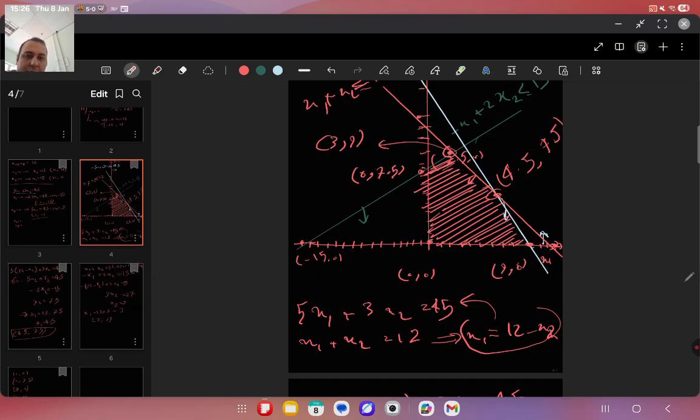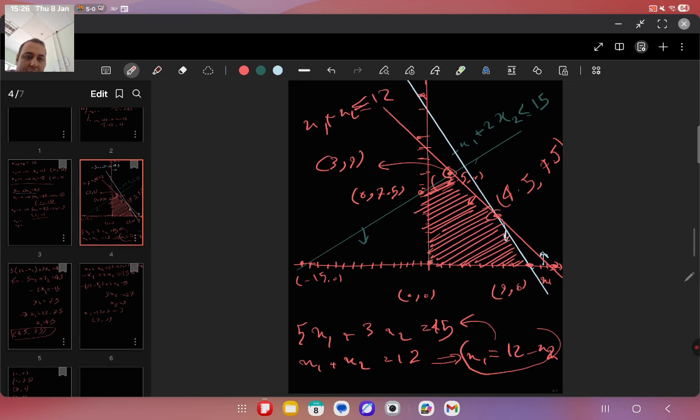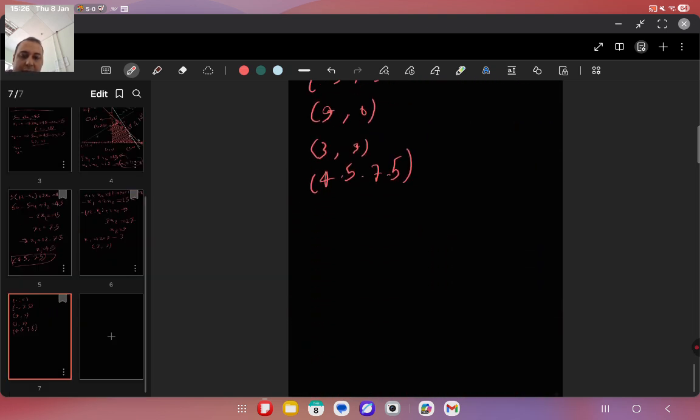My scale is not true, so when I was drawing, it's not accurate actually. But from our equation we found this, okay?